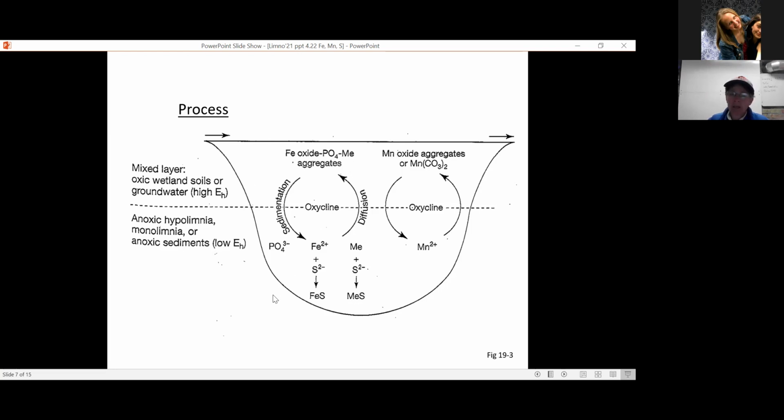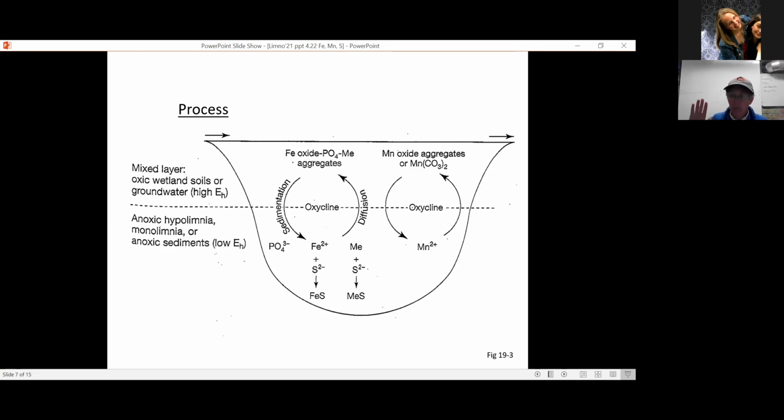So this is kind of shown like the epilimnion and the hypolimnion, but it applies to any kind of situation where you've got an oxic, oxygen-rich layer above an anoxic layer. Could be epilimnion, hypolimnion, could be mixolimnion, monimolimnion, meromictic lake. This could actually represent the surface of the lake sediment in an oligotrophic lake, and this represents deeper in the sediment.